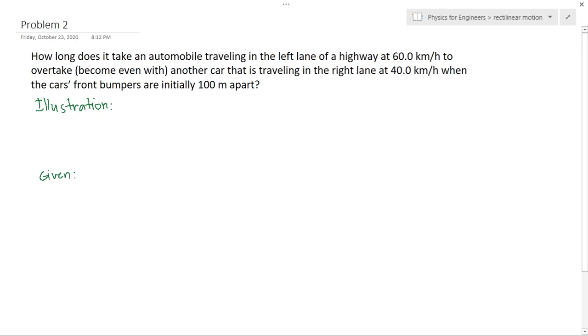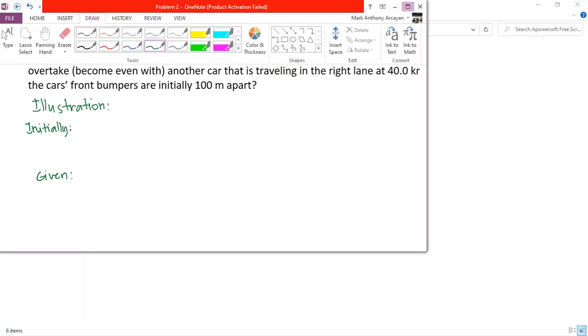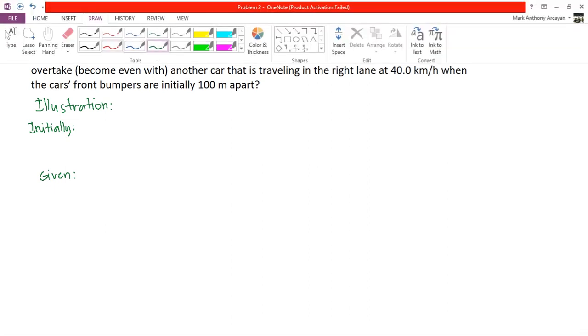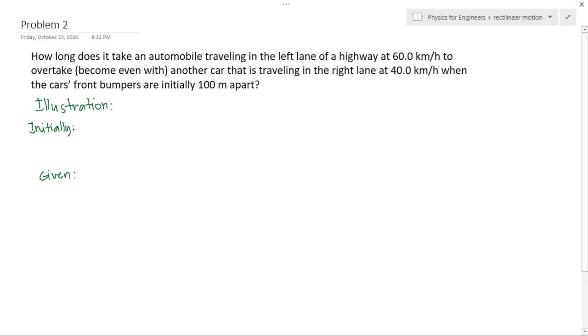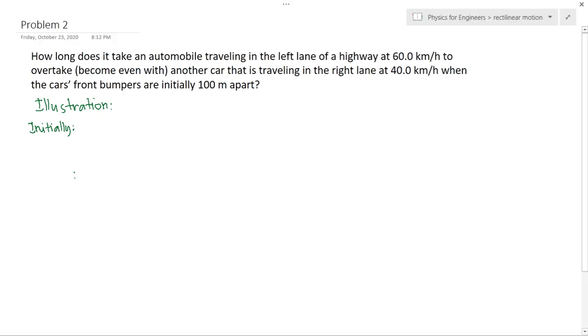So to illustrate this, sabi daw initially, ito yung parang nangyari niya at first. So we have here a car on the right lane, or baguhin natin para medyo malaki siya. Let's release natin yung given.